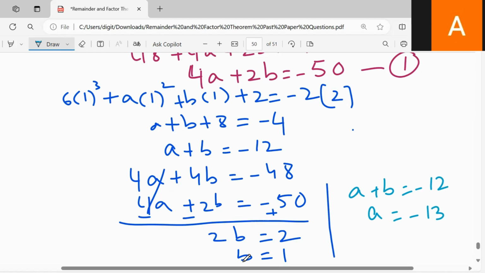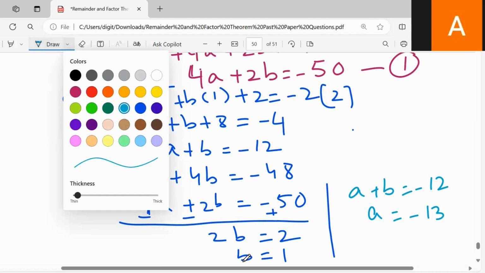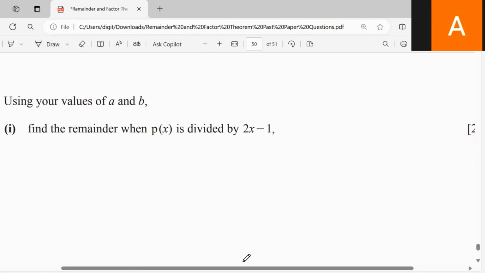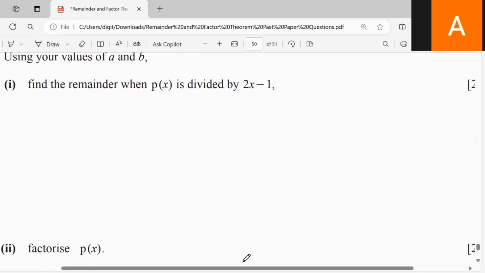Now the next part is: using your values of a and b, find the remainder when p of x is divided by 2x minus 1. So we'll use the remainder theorem.